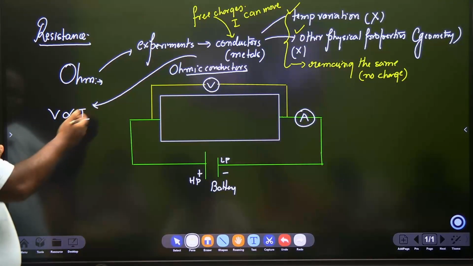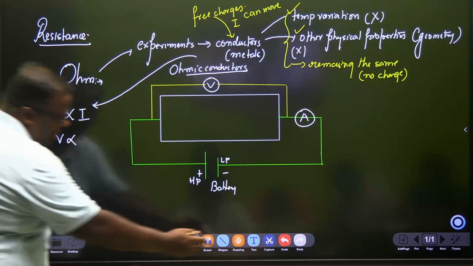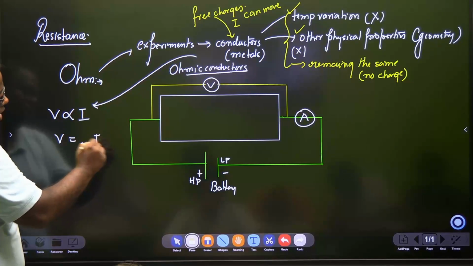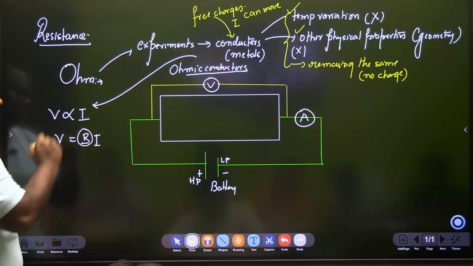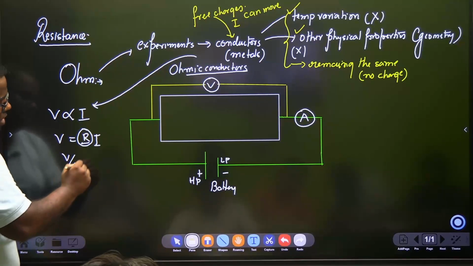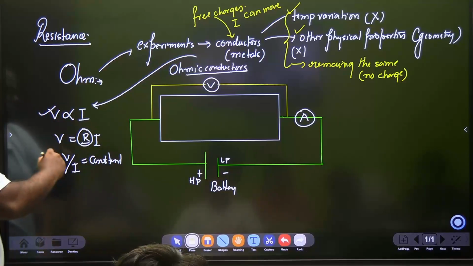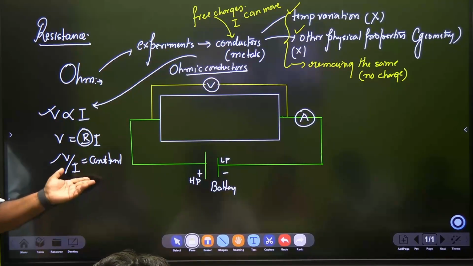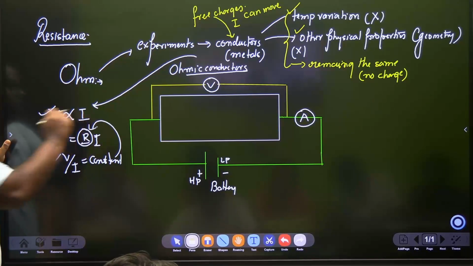Since this is a proportional expression, we can introduce a constant of proportionality, represented as R. So V upon I is always constant. This is grade 8 stuff. Have you understood? V is directly proportional to I means V upon I is always constant.